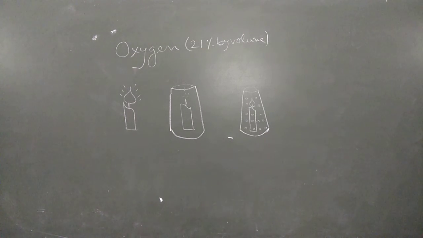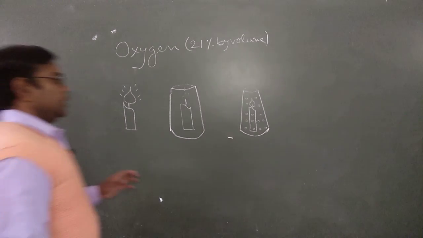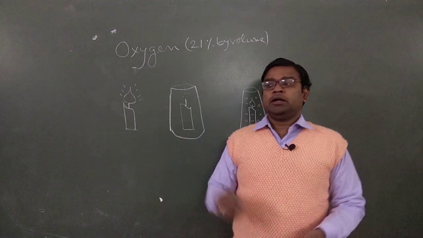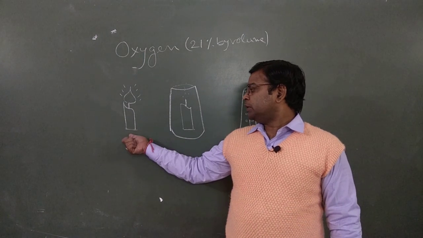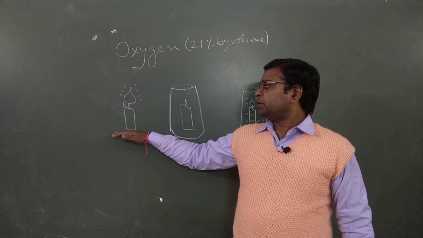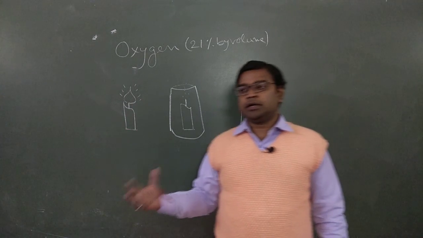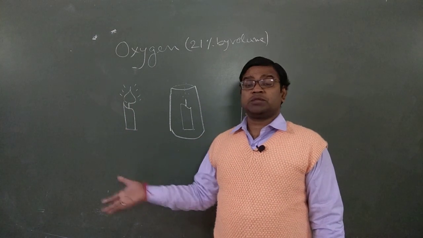Now why did I make these 3 figures? Because I am going to explain that oxygen or air helps us in burning. In this experiment, first we take a candle and ignite it. The candle starts burning and gives us light. Now we take a normal, transparent glass.